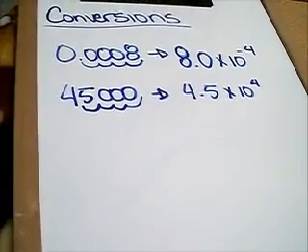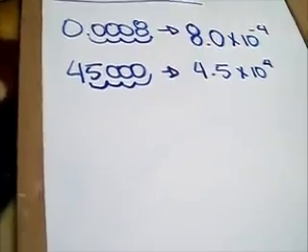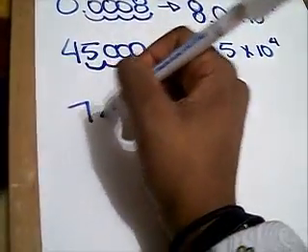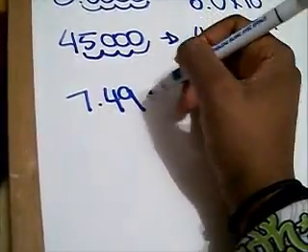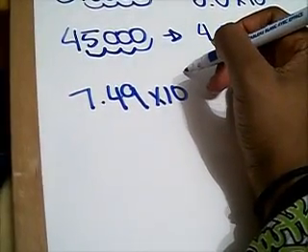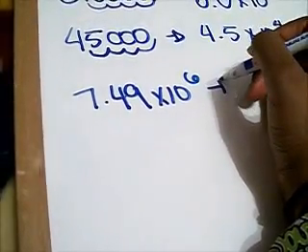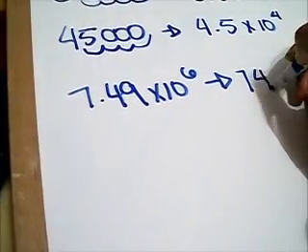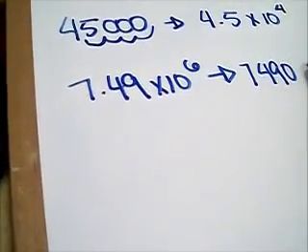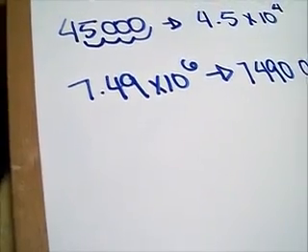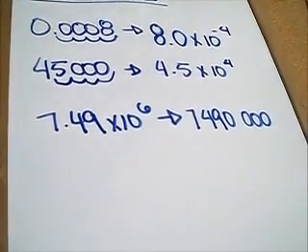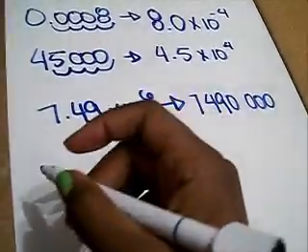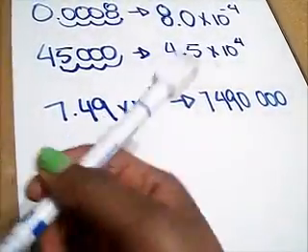Same thing goes for scientific notation to standard notation. So if we have 7.49 times 10 to the power of 6, standard notation would be 7,490,000. And that's with a positive exponent.